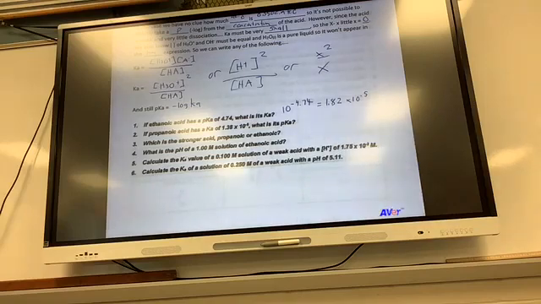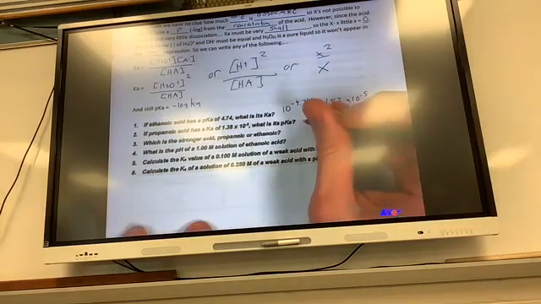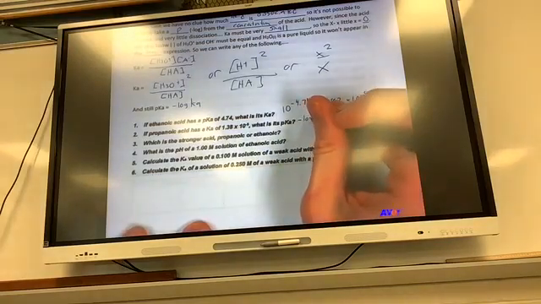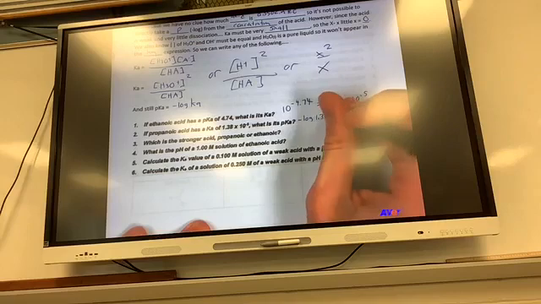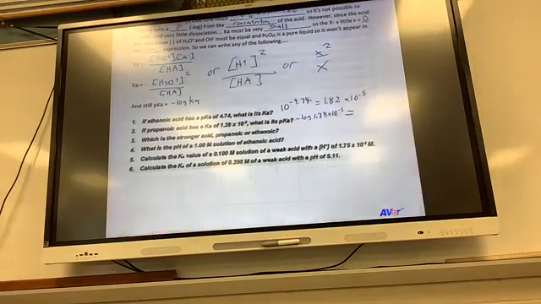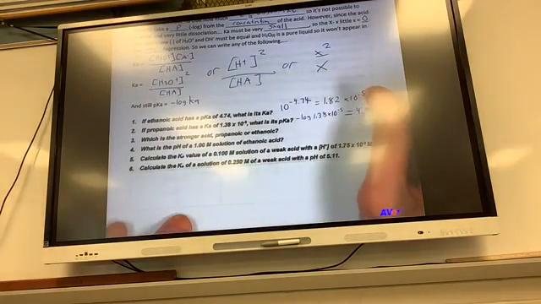Exactly. That makes sense. If propanoic acid has a Ka of 1.38 times 10 to the negative fifth, what is its pKa? Negative log of that? Negative log of 1.38 times 10 to the negative fifth gives you what? 4.86.